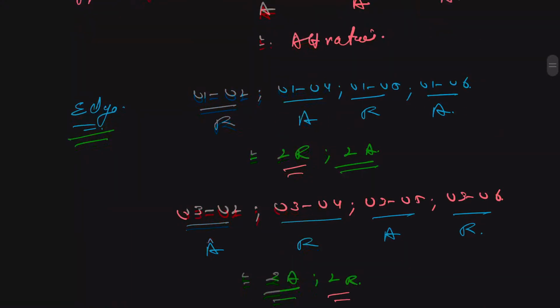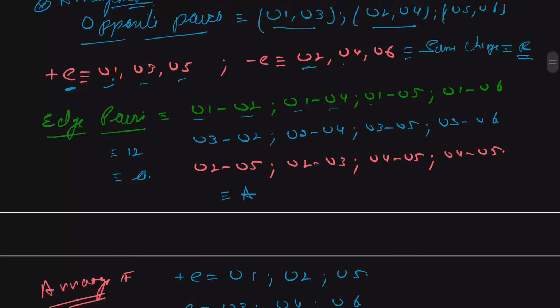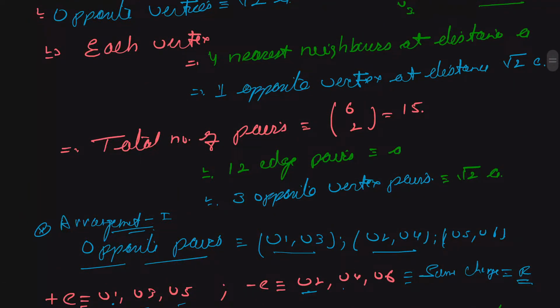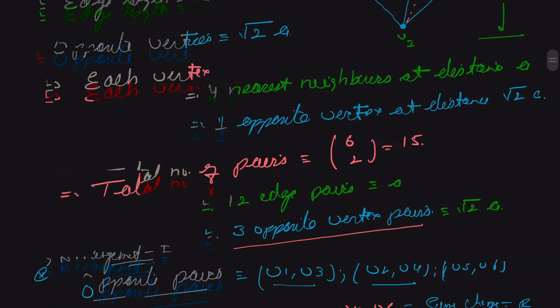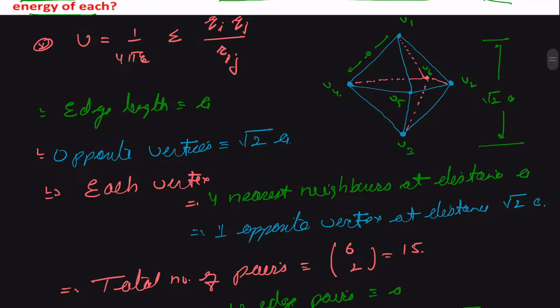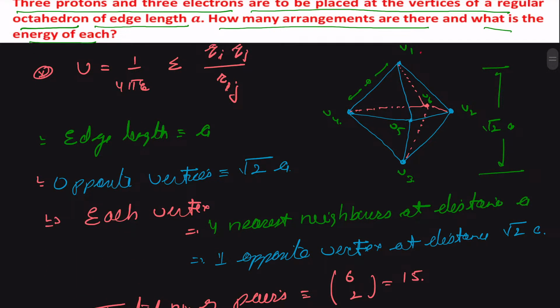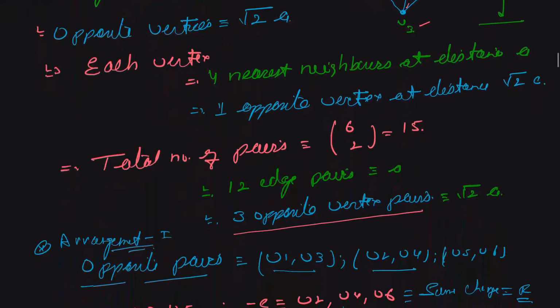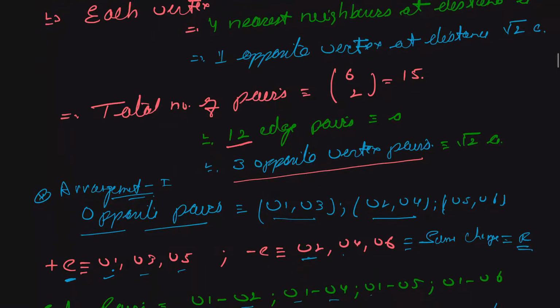Because we have already defined that there are 3 opposite vertex pairs, like our V1, V3 is quite visible to us, and the distance between these opposite vertex pairs is square root of 2 multiplied by a. So there are a total of 3 opposite vertex pairs, and there are 12 edge pairs.